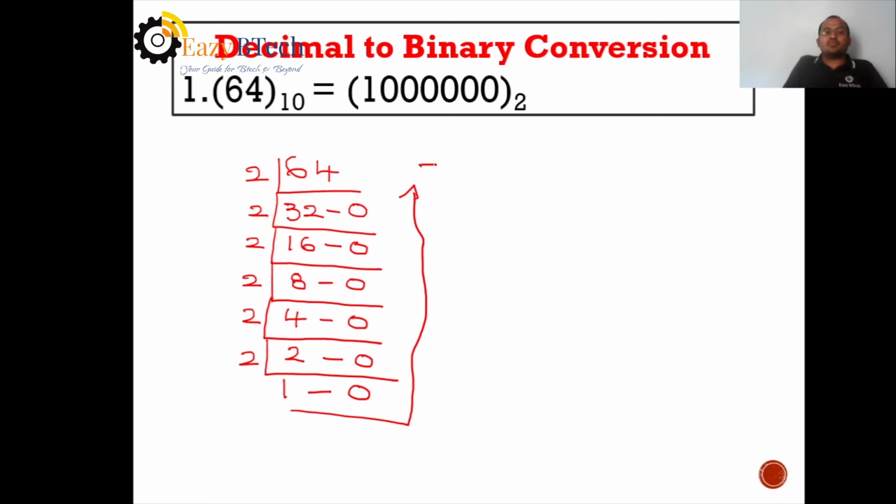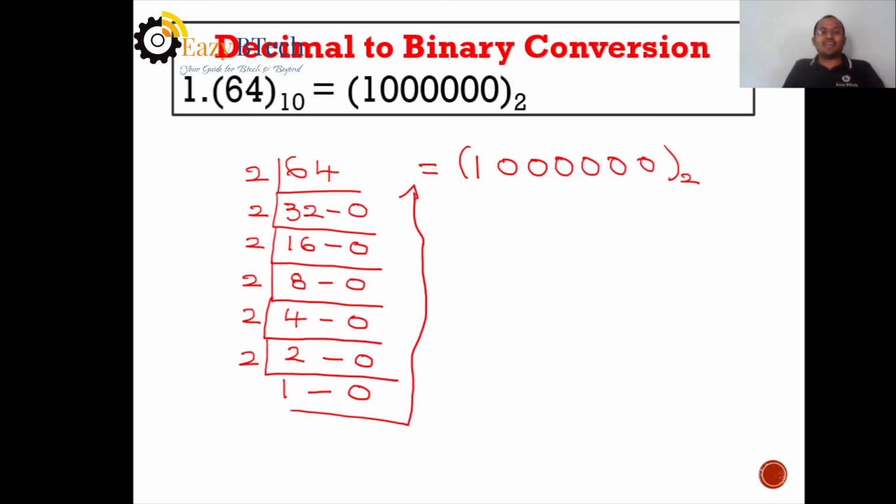So the corresponding binary equivalent for the given decimal number 64 is 1 followed by how many zeros? 1 2 3 4 5 6, 6 zeros. So this is the binary equivalent for the given decimal number 64, right?